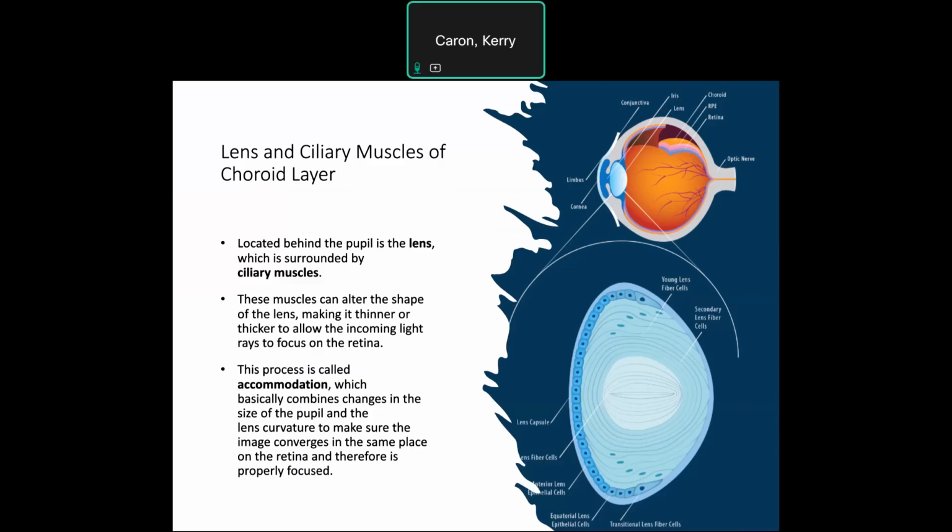We want the focus of the light to end up on the retina, and that is made possible through the lens. What we call that is accommodation. Basically, the pupil changes, the lens curvature changes, and it makes sure that the image converges in the same place on the retina and gets properly focused.